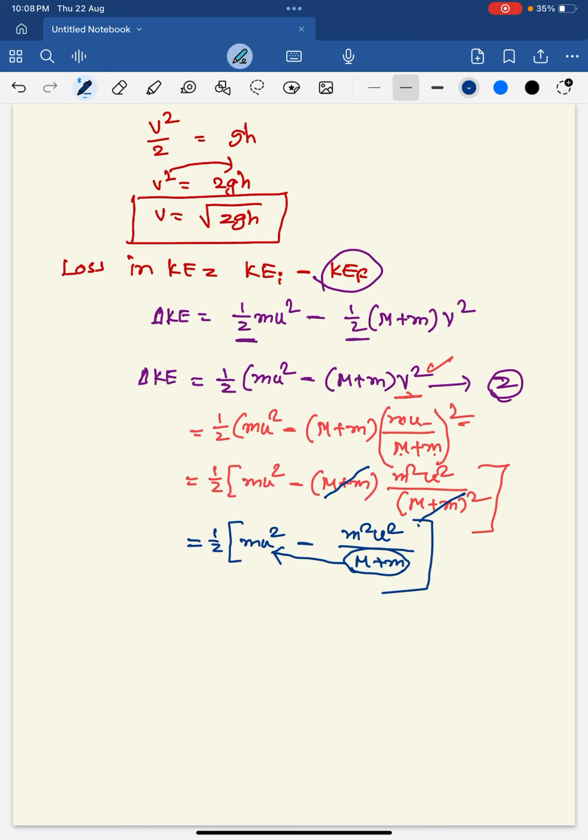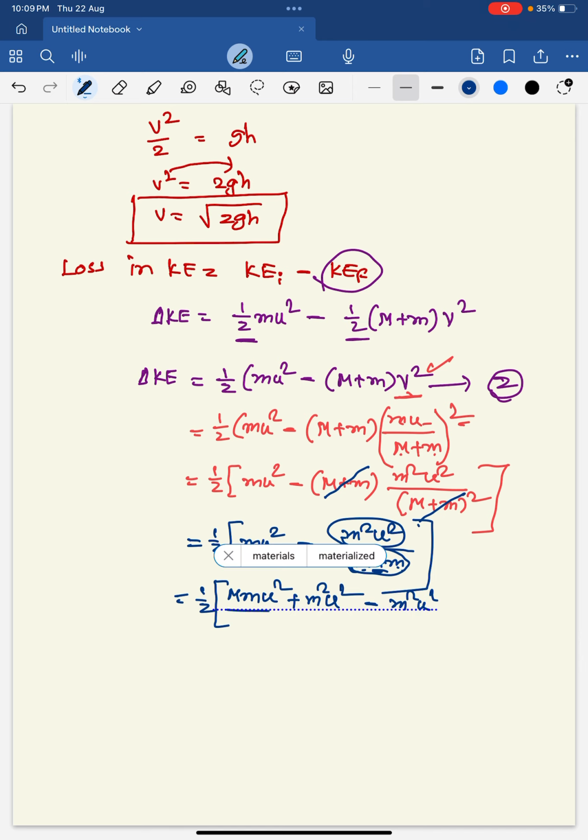Let's see the next step. We can write it as half, capital M into small m into u square, plus small m into small m square u square, minus this term m square u square divided by the denominator, capital M plus small m.